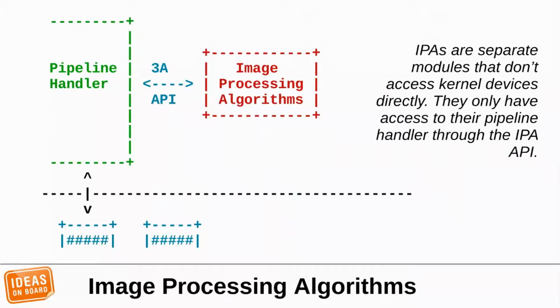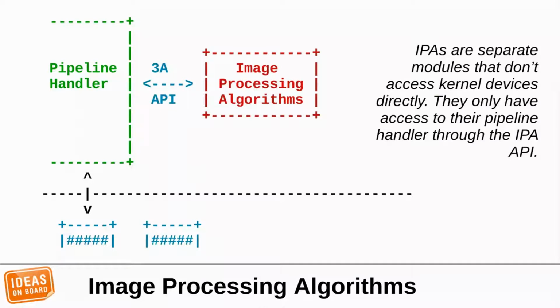The IPAs, also mentioned, are separated in modules that are loaded dynamically at runtime. And those IPA modules do not have access to kernel devices directly. So the architecture that we have mandates that they receive information from the pipeline handlers.